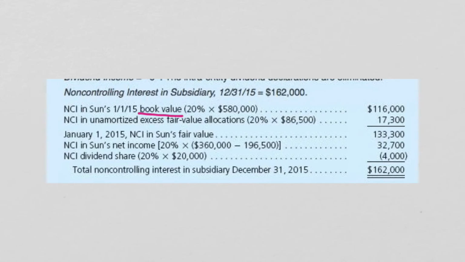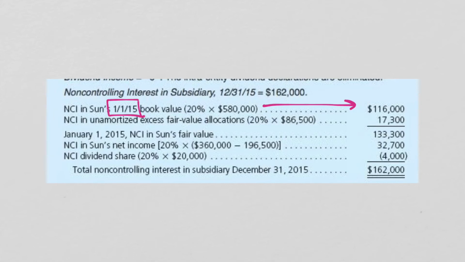The subsidiary's initial book value was composed of 100 capital stock plus the 480 opening retained earnings to get the 580. That's how this 580 is there. And they know that 20% belongs to the non-controlling interest. So 20% of this number is the non-controlling interest at 1/1/15. That's what we're trying to get to. What's the opening non-controlling interest?